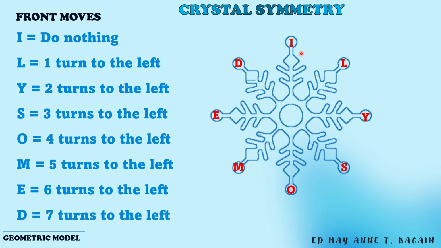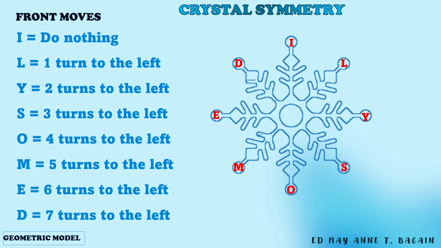If we turn it one turn to the left, this I will go here because we are turning it to the left. So L will come out and L will be here. We will talk about that in the next video. So let me just discuss the front moves. We have I, L, Y, S, O, M, E, D, for which we have 1, 2, 3, 4, 5, 6, and 7 turns to the left.